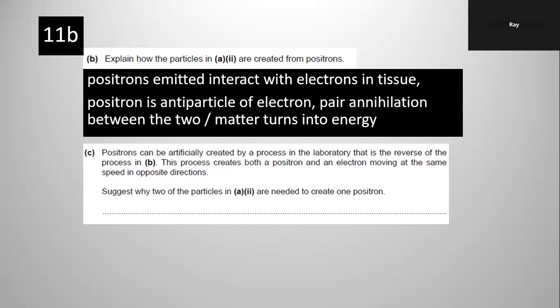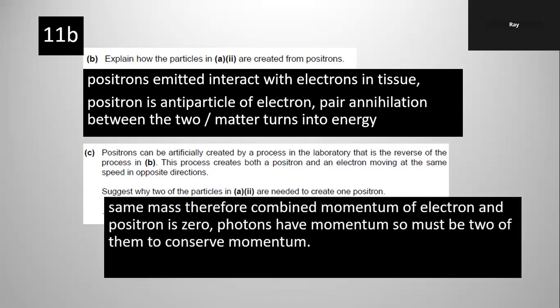Conservation of momentum, but that is not a sufficient explanation. The electron and positron have the same mass, therefore their combined momentum is zero. Photons have momentum, so there must be two of them to conserve momentum.